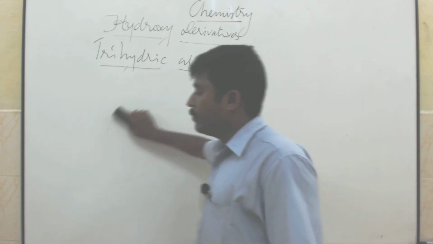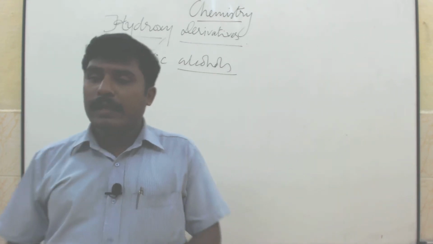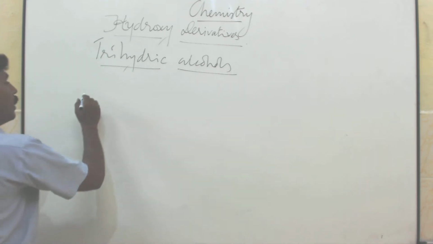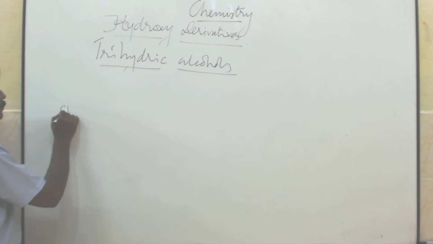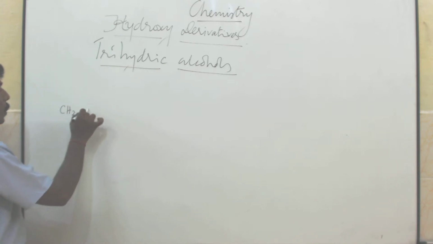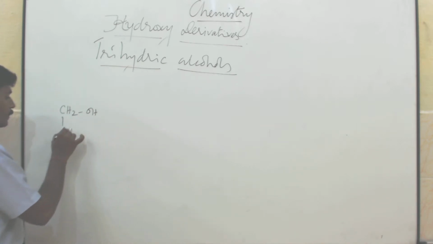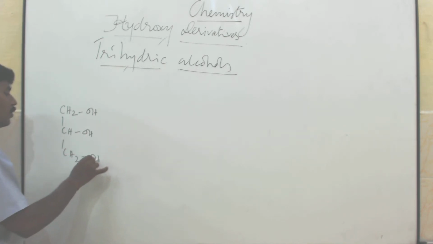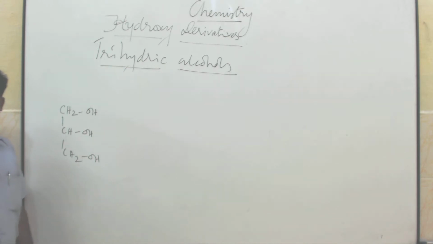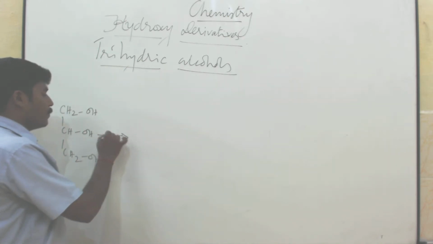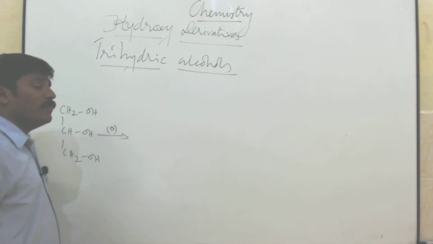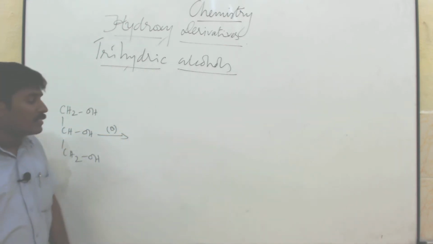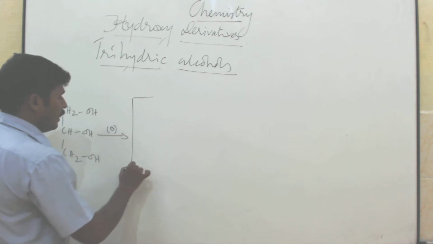Oxidation reaction of glycerol. Okay, initially glycerol. What is the formula? CH2OH, CHOH, CH2OH is glycerol. Now oxidation reaction. You know very well, primary alcohol undergoes oxidation reaction, aldehyde is the product.